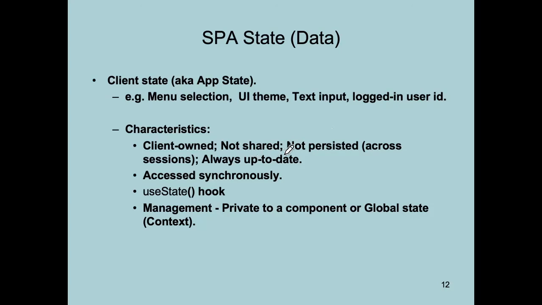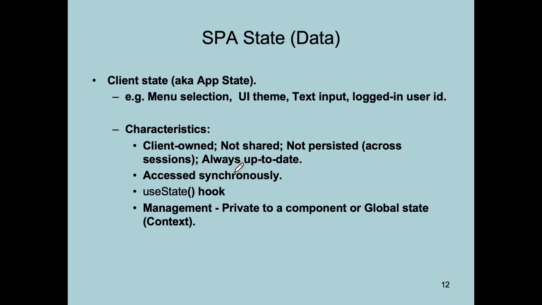It is always up to date, though. That's more related to the other type of data, as we'll talk about in a moment. It's accessed synchronously, so it doesn't typically cause any kind of delay in your app rendering as a result of changing client state data.